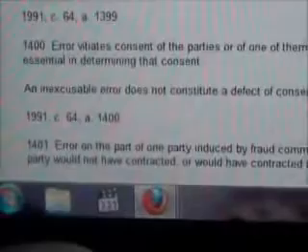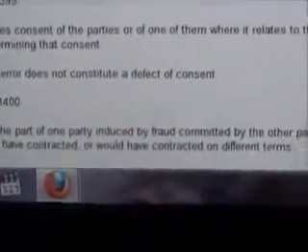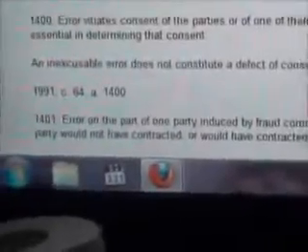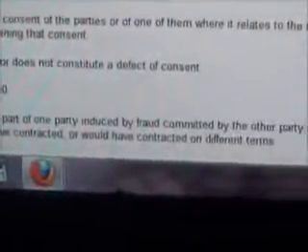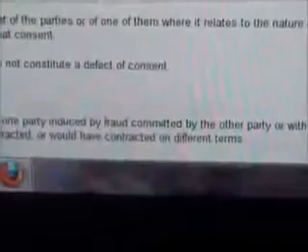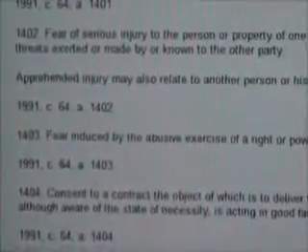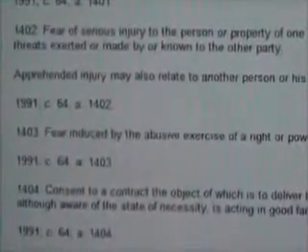Article 1401. Error on the part of one party induced by fraud committed by the other party or with his knowledge vitiates consent whenever, but for that error, the party would not have contracted or would have contracted on different terms. Article 1403, still talking about contracts.